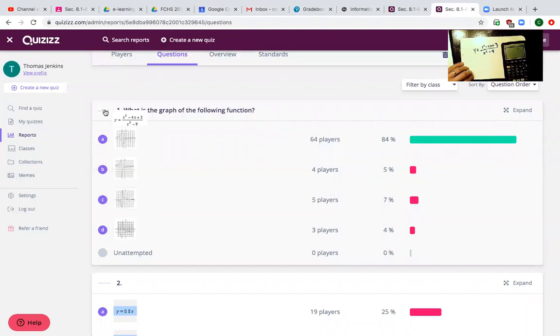So really, if you just type this one in, you could have gotten it. But I want to talk a little bit more in depth about it. So as far as just simplifying that and factoring it, the numerator would factor out to x minus 3 times x minus 1.